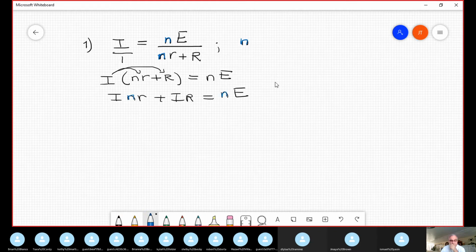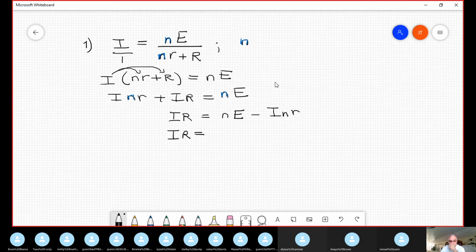I try to move them to the same side because I want to factorize. So capital I R stays on the left, M capital E stays on the right, and I M R moves over as minus I M R. Now ready for factorization.